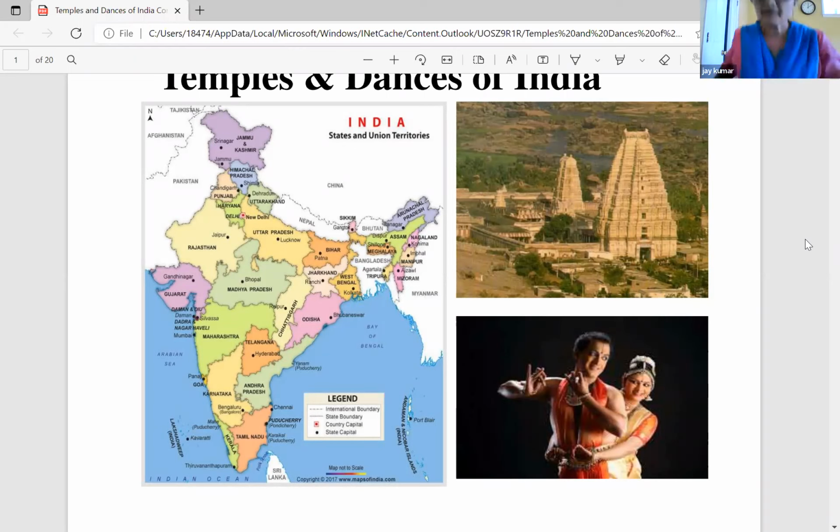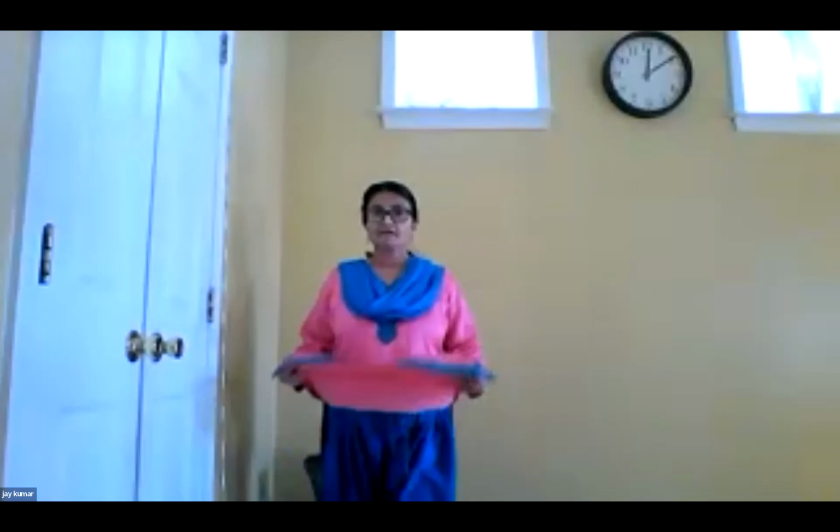So I want to stand up and show you what I have on. These are some of the questions that have been asked before, so I'm trying to get ahead of the questions and explain what this means. The attire that I have is a long blouse-like top, and at the bottom it has hands.